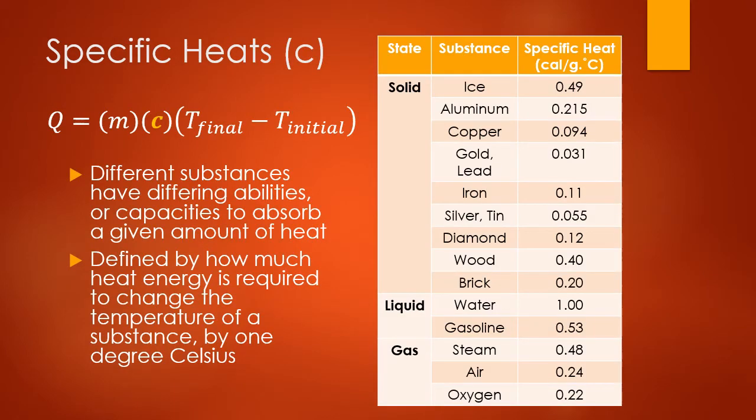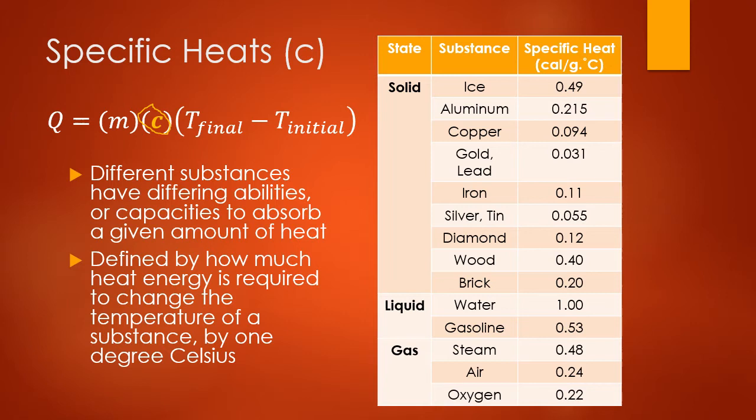So let's look at specific heat a little bit more closely. Remember that specific heat was the C value in that equation. Off to the right, there is a table of specific heats, and specific heat changes depending upon the material we are talking about. Specific heat is the capacity of a given substance to absorb a given amount of heat.